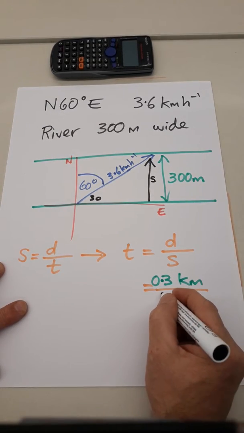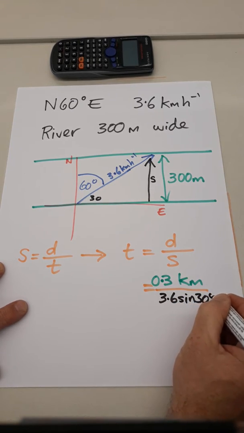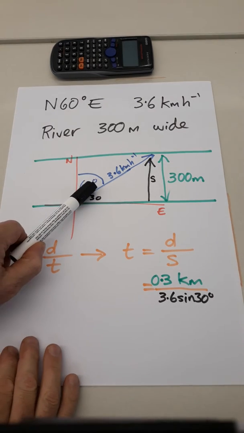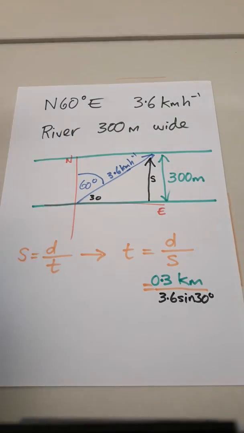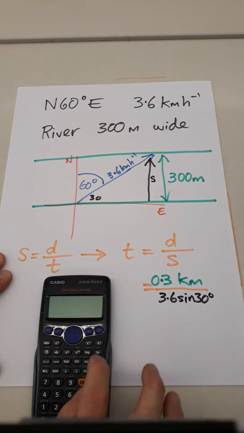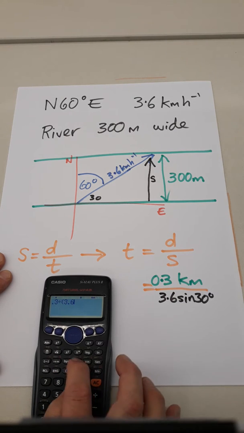So S is equal to 3.6 sine of 30, or you might have already done it and gone, well, no, I would say it's 3.6 cos of 60, because I'm using cos. So you could use straightforward trigonometry if you want to. And that time is going to work out to be 0.3 divided by 3.6 sine 30.